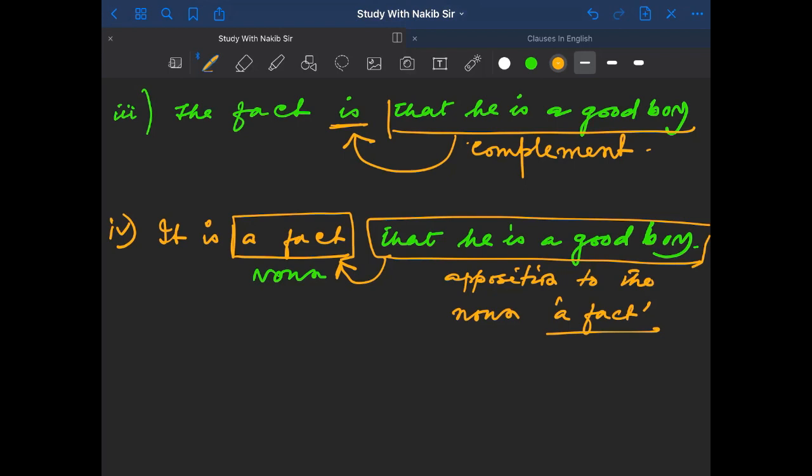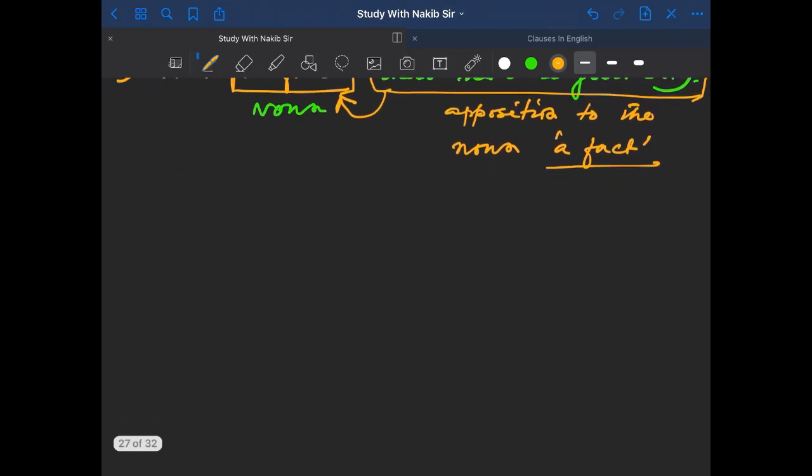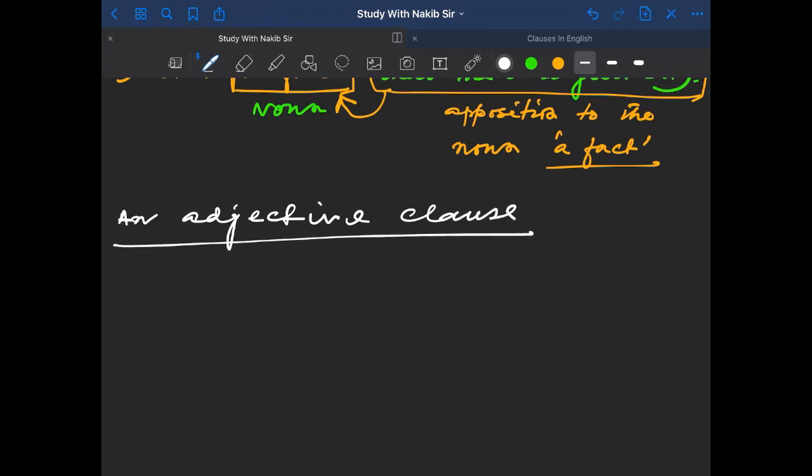Okay, now come to the adjective clause. An adjective clause. What is an adjective clause?